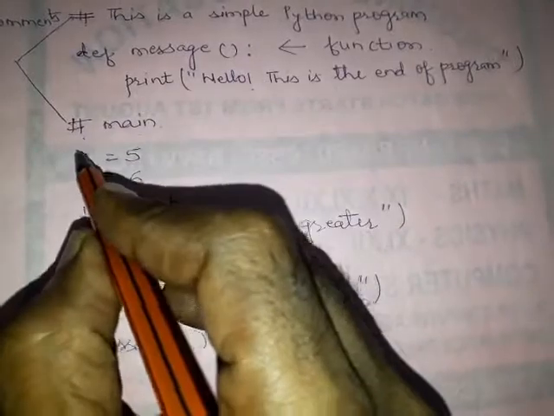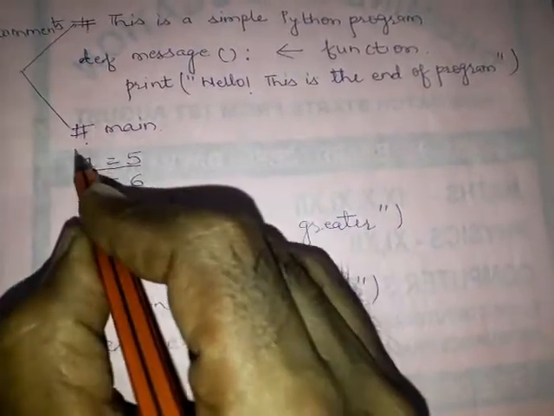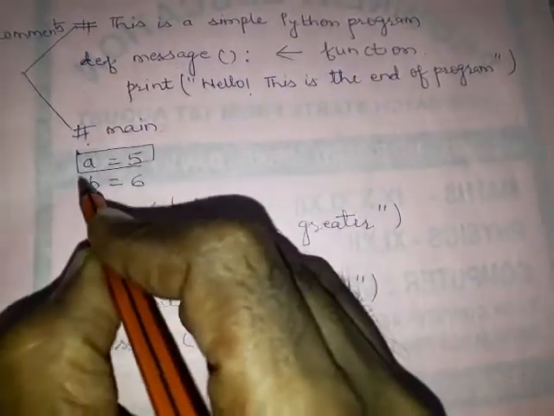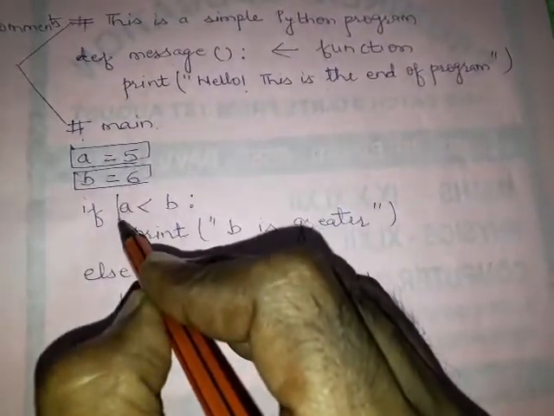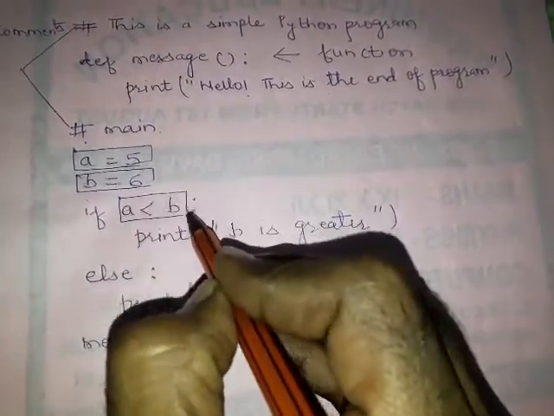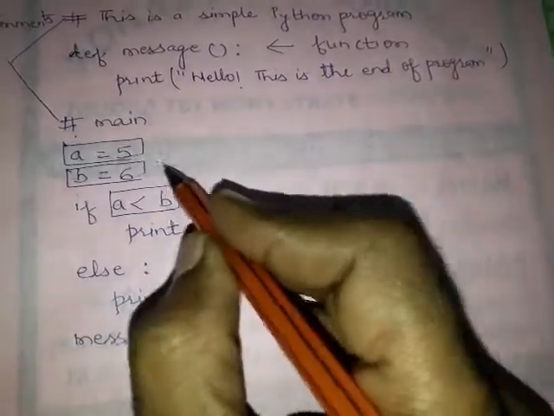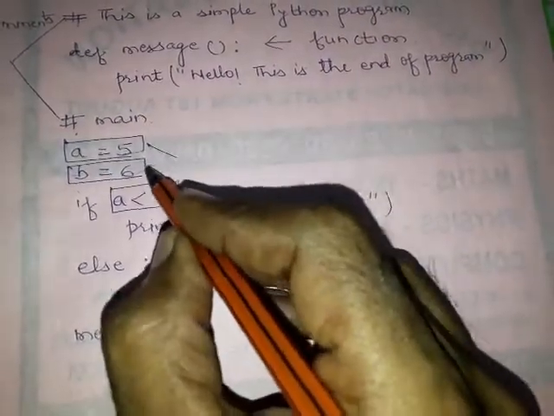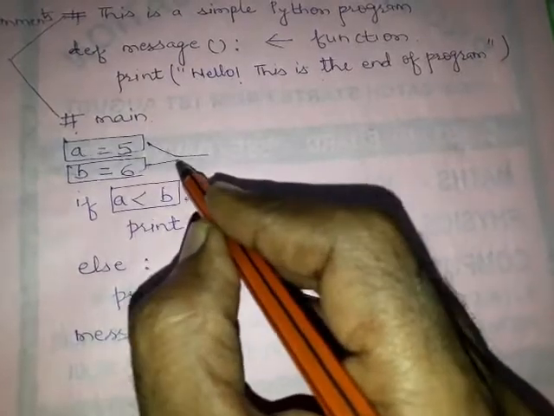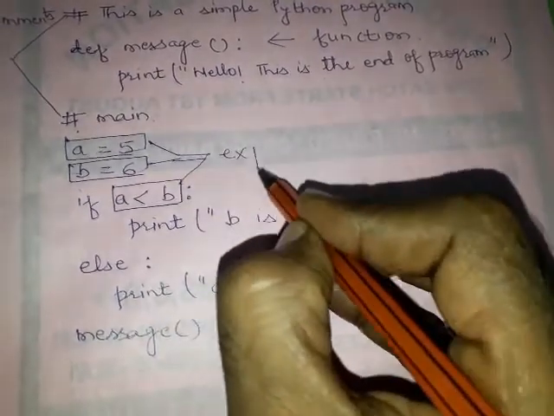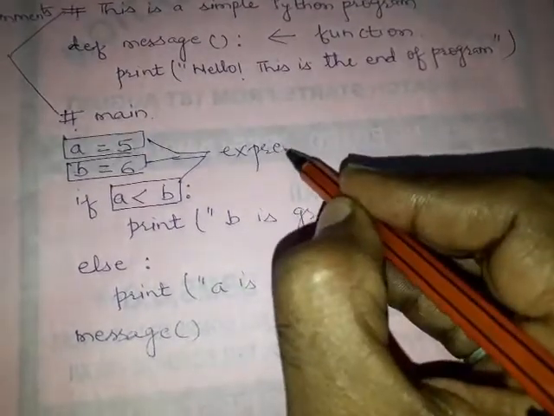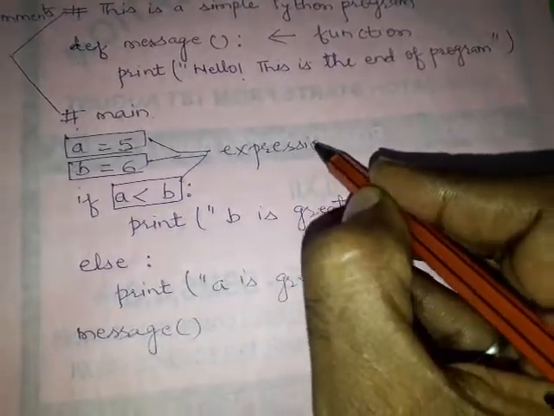Now I write this a equals to 5, b equals to 6, then this a less than b. Okay, these are called expressions.